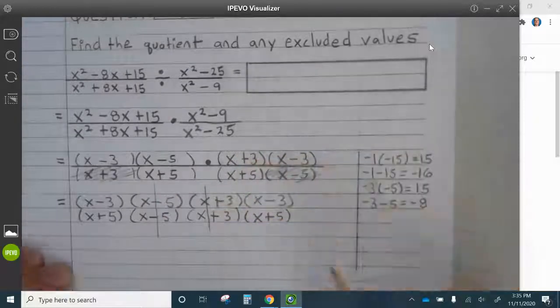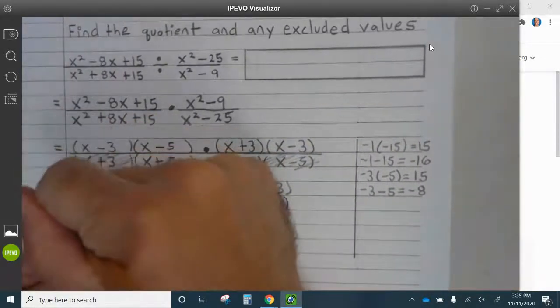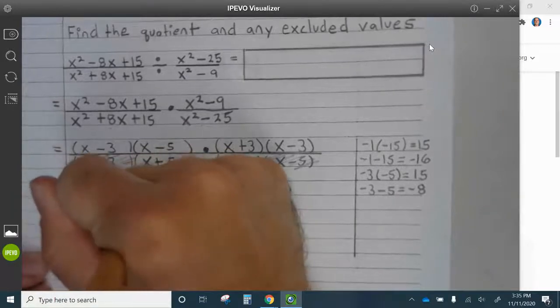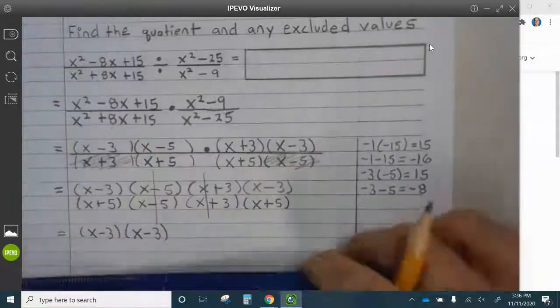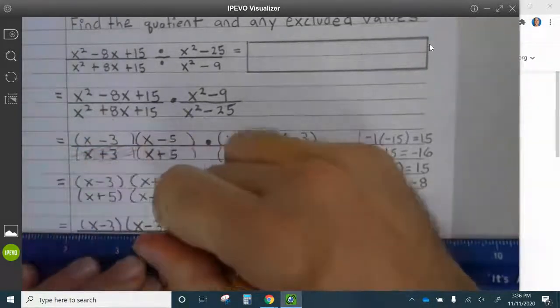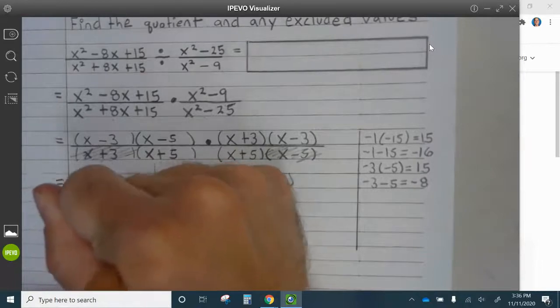Okay. This and this divides and becomes 1. So we're left with x minus 3 times x minus 3 divided by x plus 5, x plus 5.